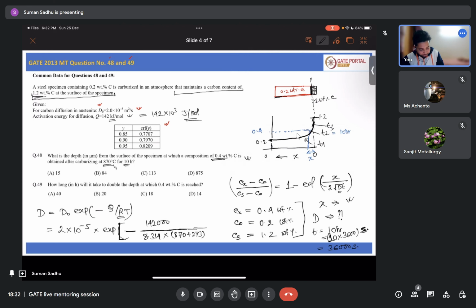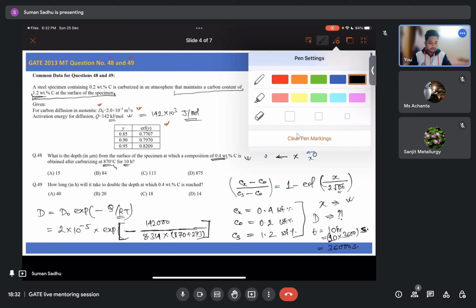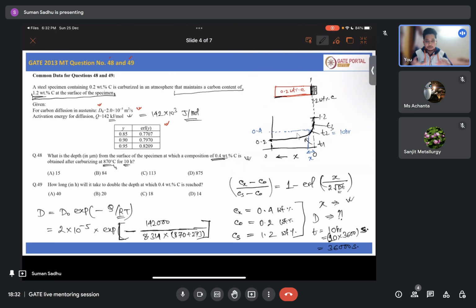Okay. So this small thing you have to keep in mind. Here you have to convert the unit of time, here also you have to convert the unit of the Q value, and also here you have to convert the unit of your temperature to Kelvin. So now can any one of you calculate this and let me know how much you are getting? What is the D value at 870 degrees centigrade?